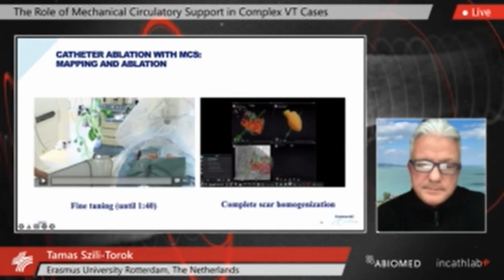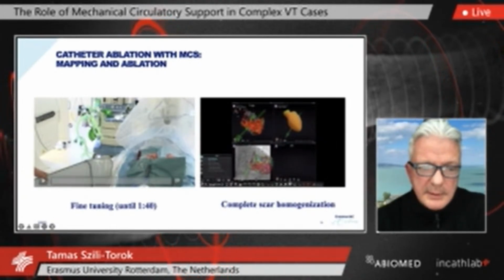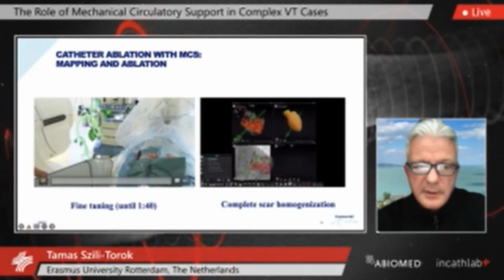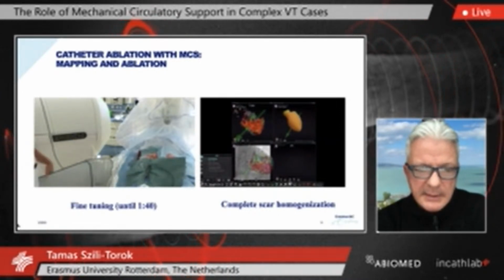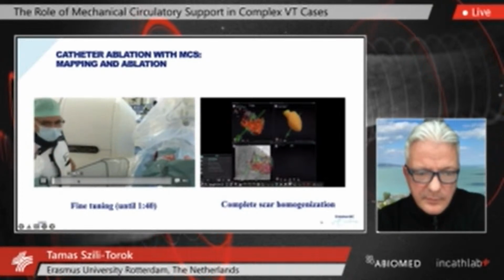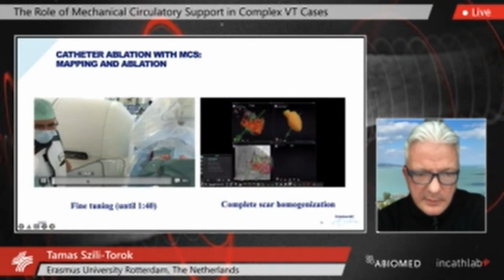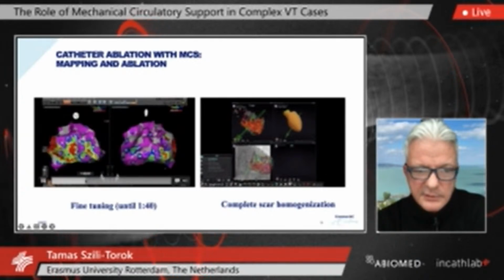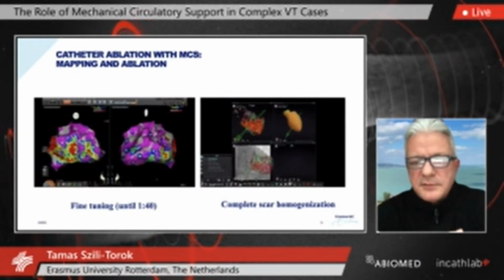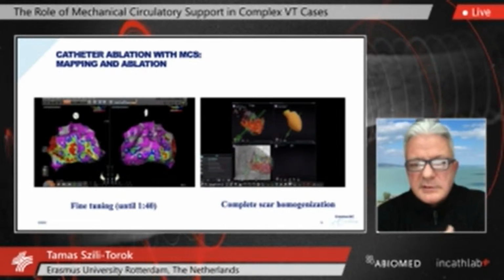This is how the ablation mapping with an ablation catheter looks like, and I indicated here the most important thing for my electrophysiologist colleagues. So one of the reasons why we use this catheter is this.